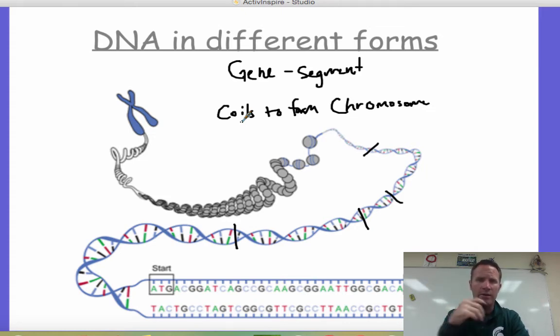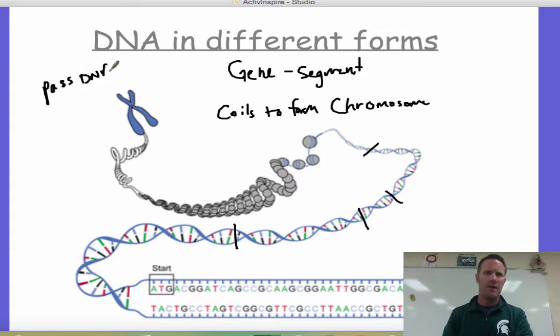So normally your DNA is just DNA in your cells, and then it only forms chromosomes to reproduce. So we form chromosomes just to pass on DNA from cell to cell. Okay, otherwise it's just spaghetti noodles. All right, here's another chunk of DNA, another gene here, and this is showing you the complementary base pairs A to T and C to G once again.